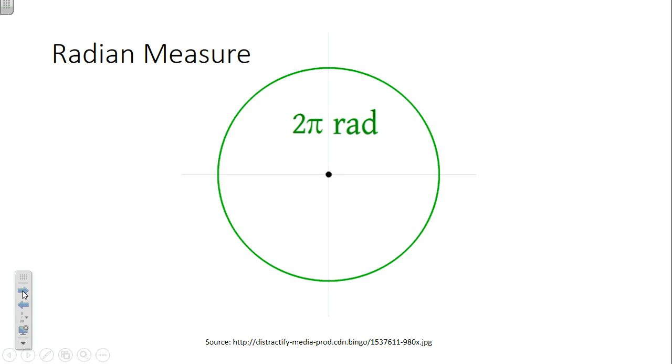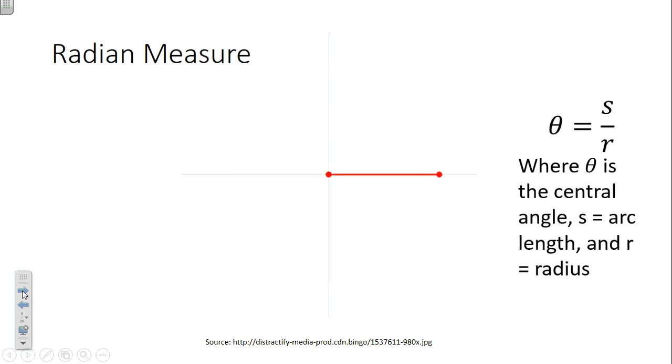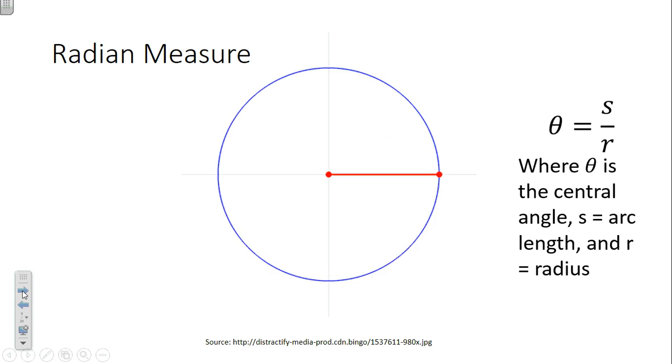So we talk about radian measure, or actually theta, being equal to s over r, where s is your arc length and r is your radius. So if we know what our arc length is and what our radius is, we can find out what central angle we have.